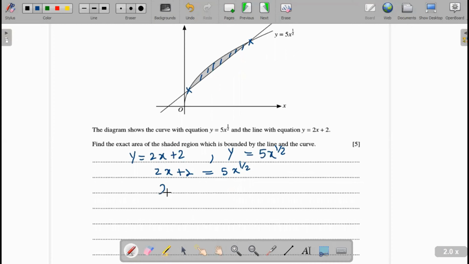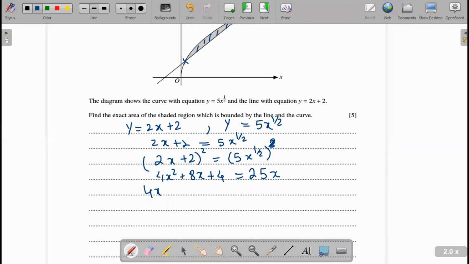Taking square on both sides, the expression becomes 4x squared plus 8x plus 4 equals 25x. So 4x squared minus 17x plus 4 equals 0.